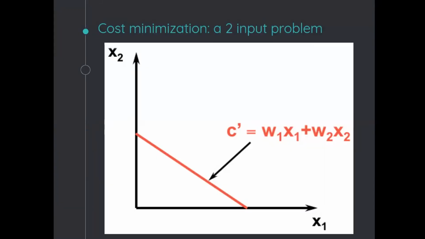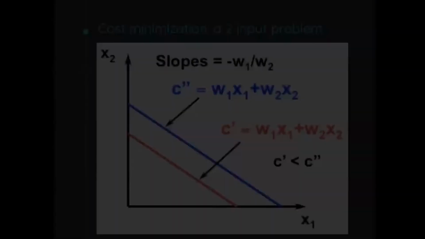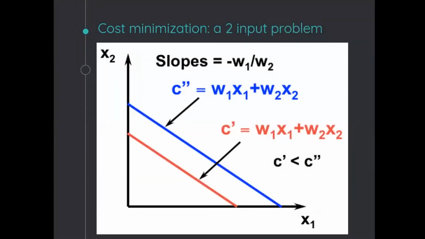So what you want to find is the lowest level of your costs that you can reach through the optimal quantities of all your inputs, in such a way that you find different cost structures. You want to find the lowest cost structure possible, in this graph C prime, which is lower than C double prime.